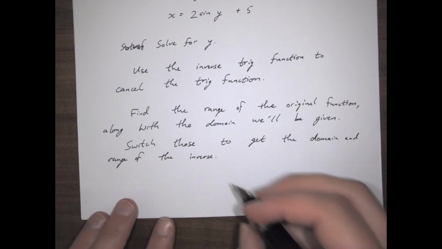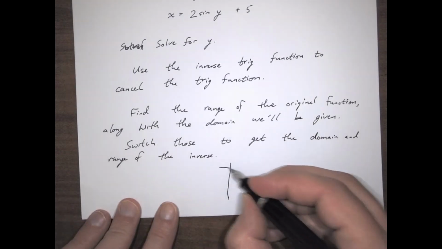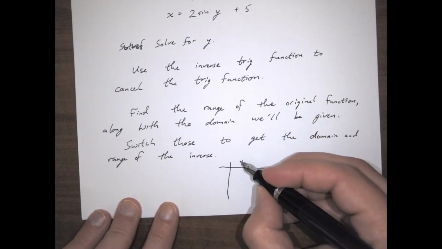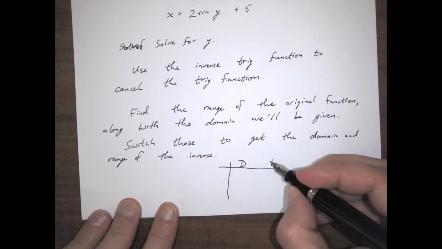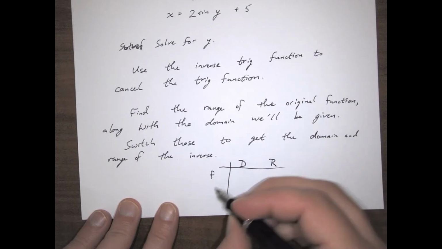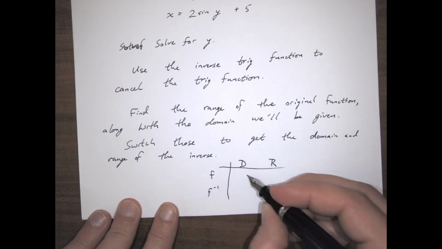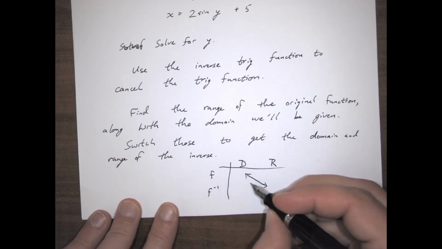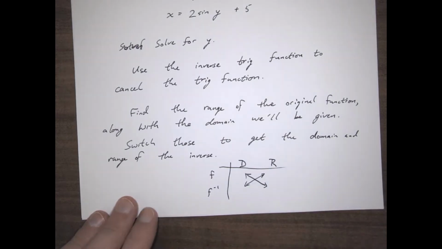In particular, if input becomes output and output becomes input, then domain becomes range. So the domain and the range of f and f inverse just switch. The domain of one is the range of the other and vice versa.